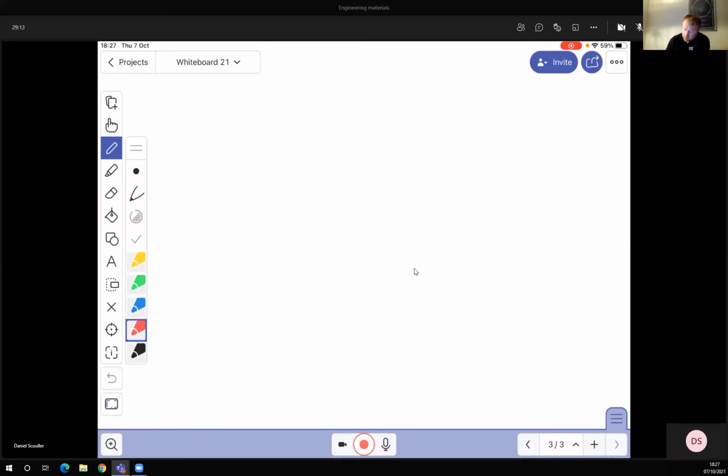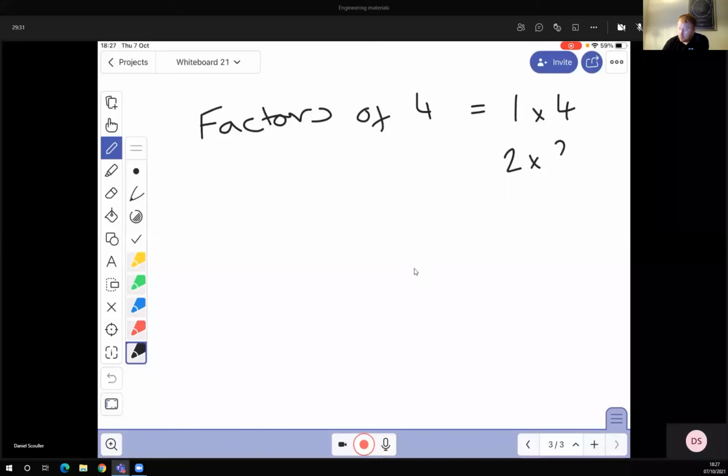Let's write that out. If we're looking for factors of 4, we can say 1 times 4, so the number 1 and the number 4 are factors. And we can also do 2 times 2.